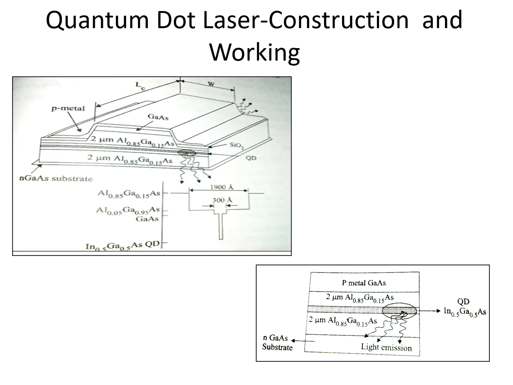Okay, coming back to the construction and working of this quantum dot laser. Like a conventional semiconductor laser, here also two conditions have to be satisfied. One is population inversion, the other is that stimulated emission should be made dominant.